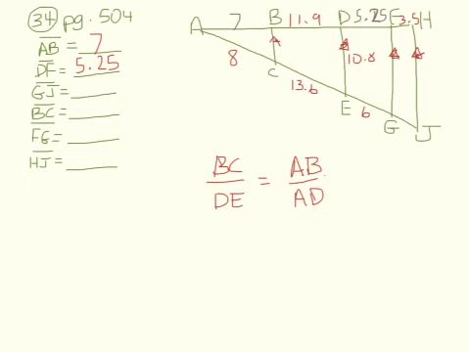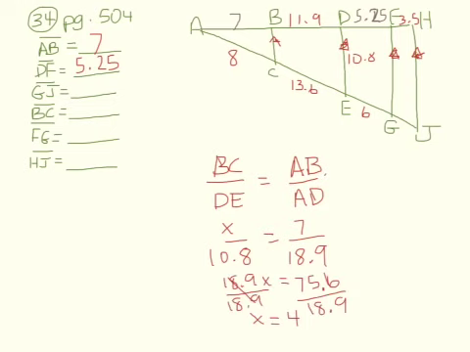So let's go ahead and set this up. AB should be over AD and not over AC. So I've got BC, which is X, over DE, which is 10.8, and then AB, which is 7, and that should be over AD, which is 18.9. Now I'll cross multiply. So after I cross multiply and divide, I find that BC is equal to 4.